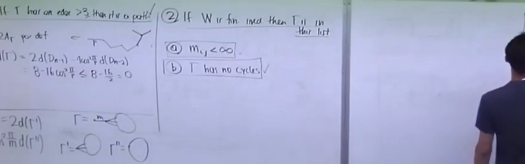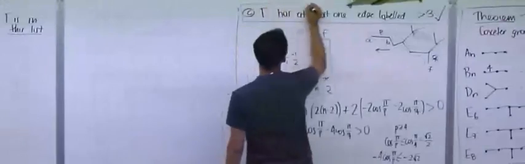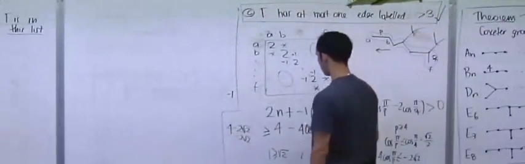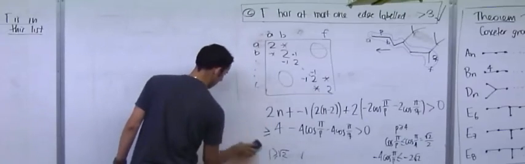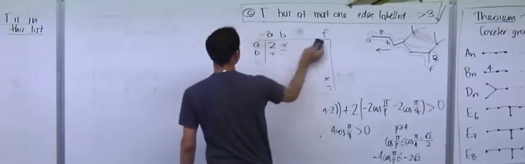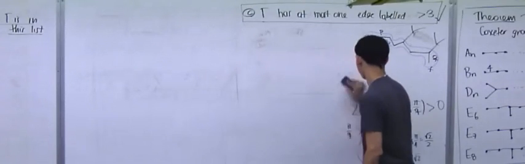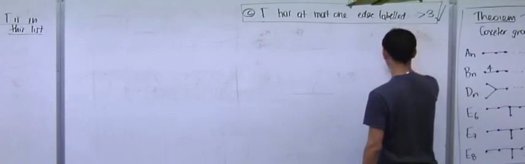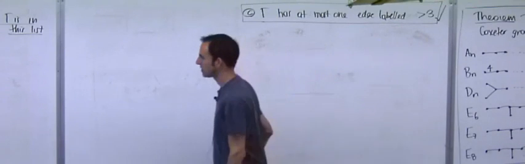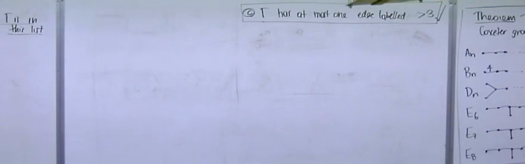So the third statement was this one. I have at most one strange edge that is labeled by something bigger than 3. And the next statement is that if I have such an edge, then I'm just a path.